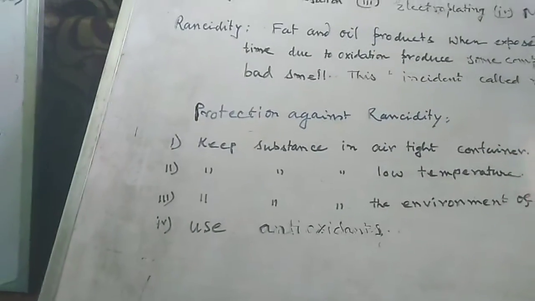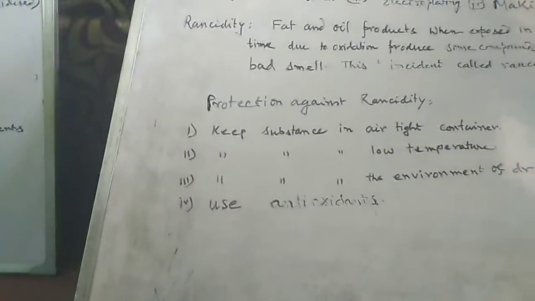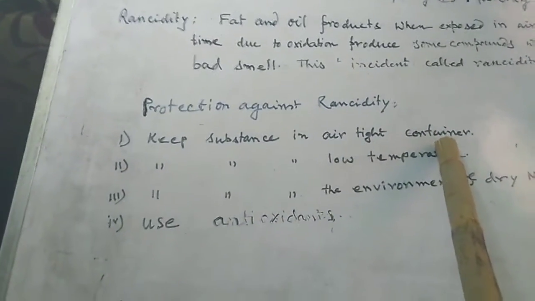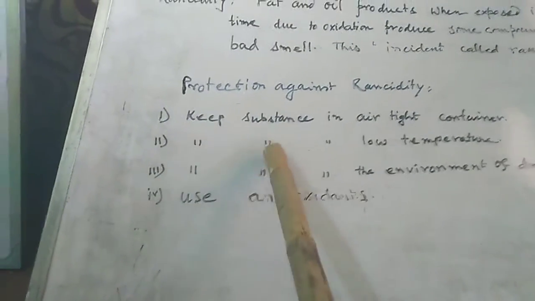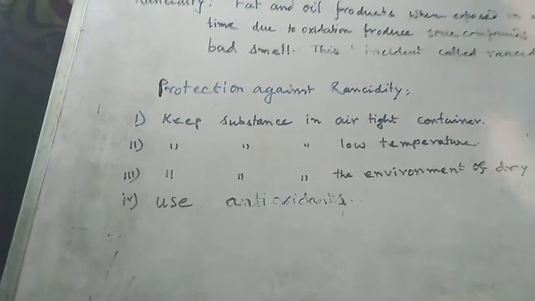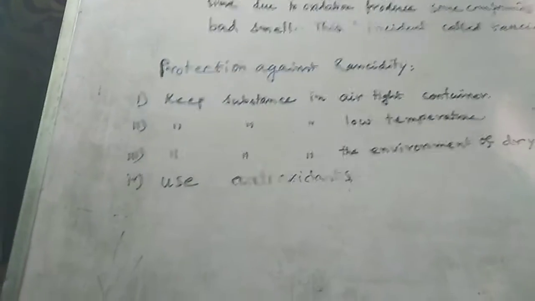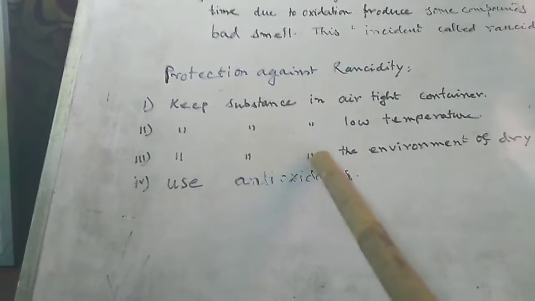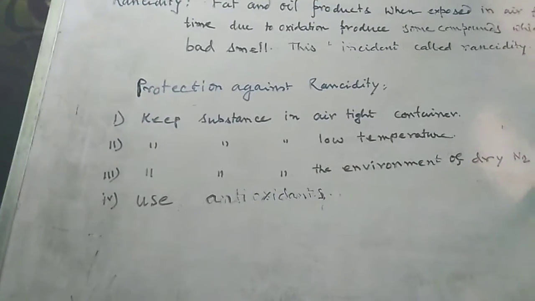The protection against rancidity: first, keep the substance in an airtight container. Second, keep the substance at low temperature. If you keep it in a refrigerator, rancidity can also be prevented. Next, keep the substance in an environment of dry nitrogen gas.